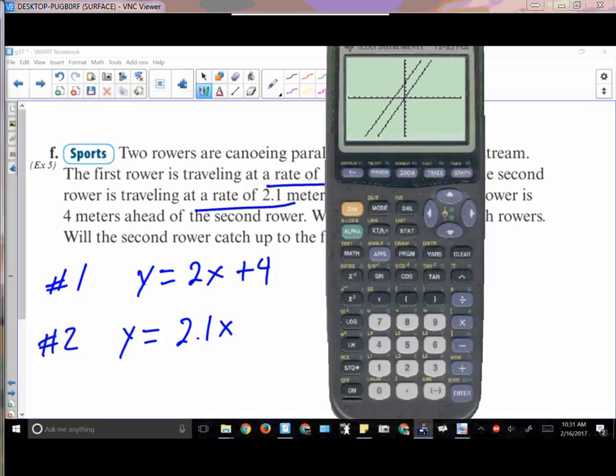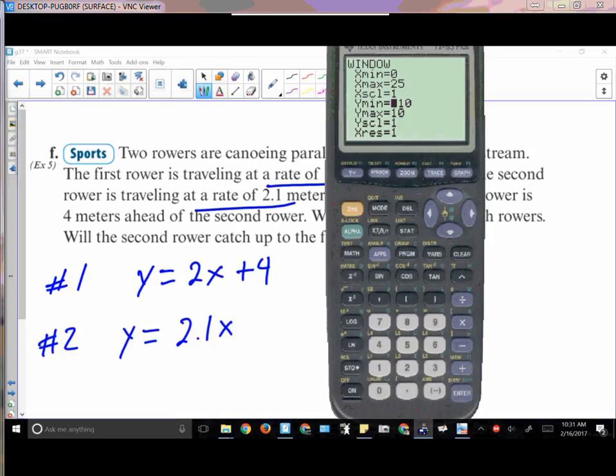It's not really going to do much of anything for you. Okay? You have to make sure that you put this in the context of what's going on. So, window. Do we care what negative is? No, because x here is time, we don't care what happened 10 seconds ago. So we'll start at 0. And we've already seen that we got to go more seconds, so I'm going to go up to 25, maybe 25 seconds he'll pass.